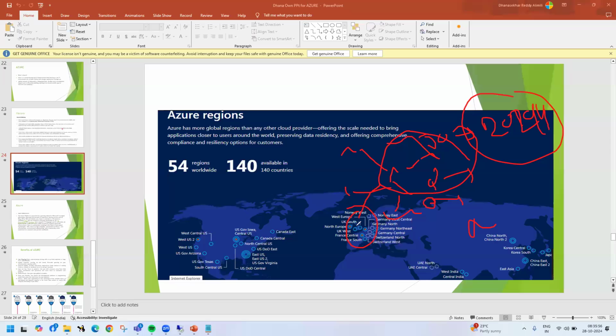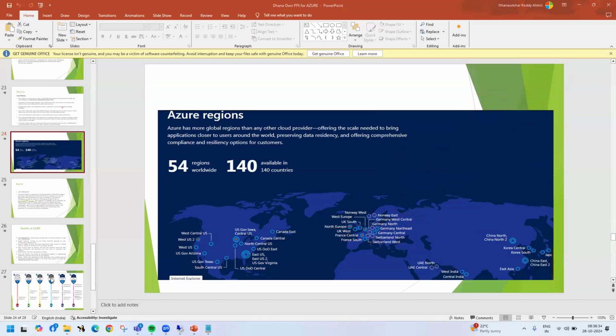Just assume, if Microsoft stops for one day, the entire world would suffer. That was the CrowdStrike issue. Around 80% of the world is using Microsoft products. All US government projects are using Microsoft Azure only, guys.